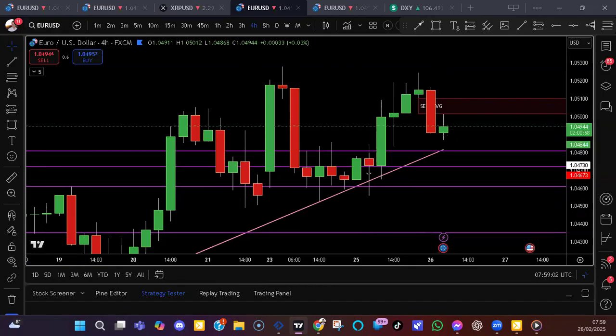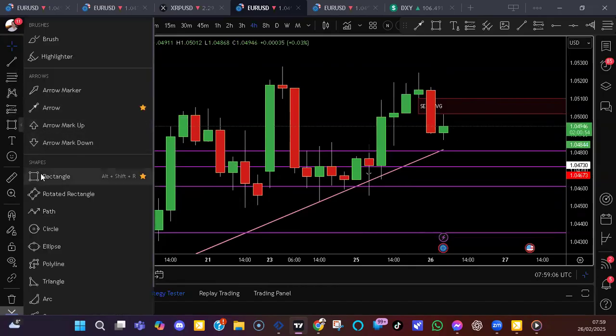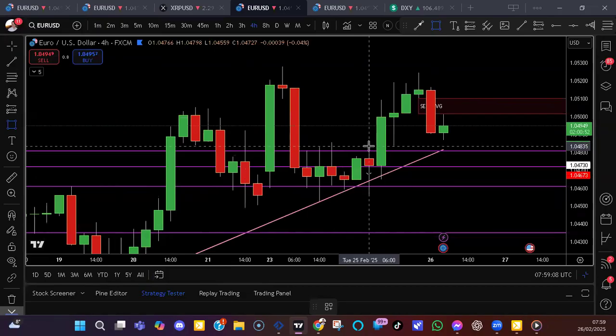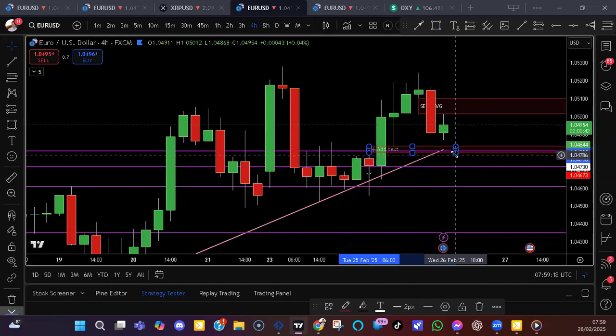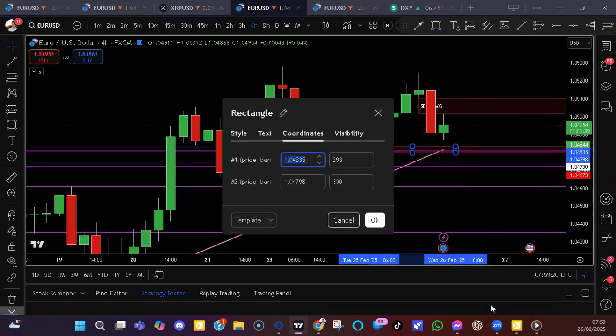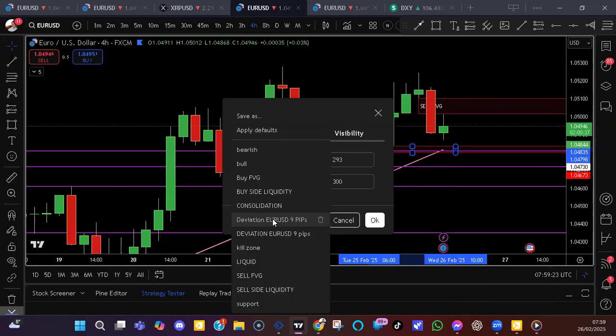But also, we have another fair value gap, a very, very small one. The opposite, which is a bullish fair value gap.